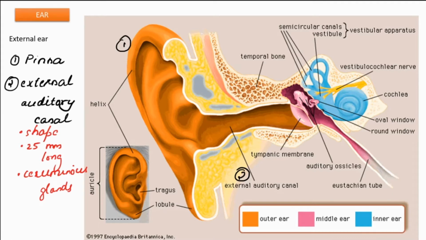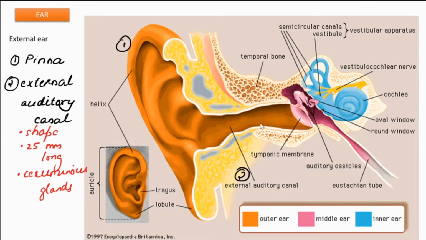Spelling: C-E-R-U-M-I-N-O-U-S. Ceruminous glands secrete earwax. What's the significance of earwax? Earwax protects our ear from infections by any microbes that may enter the ear from outside. So earwax is a good thing.